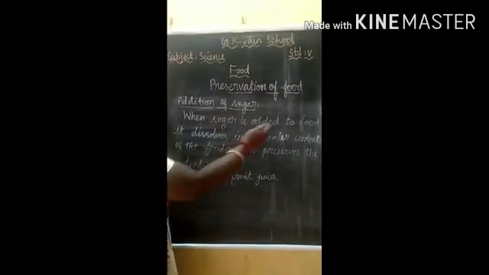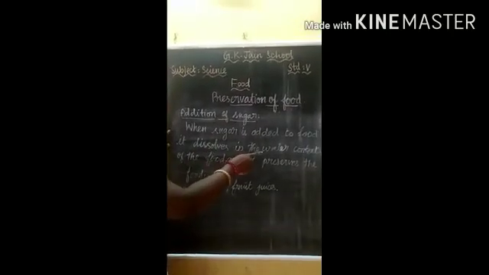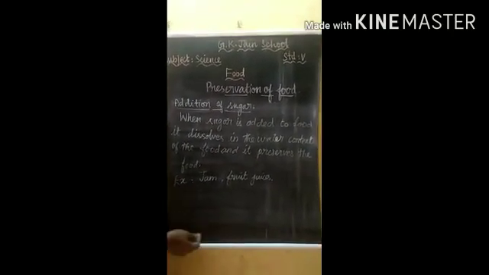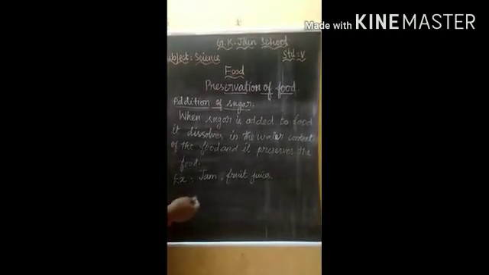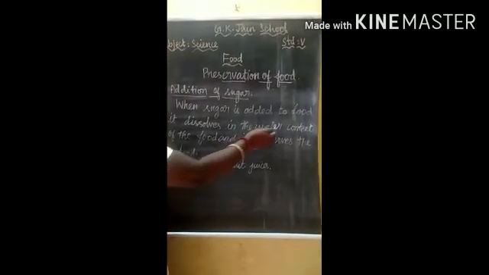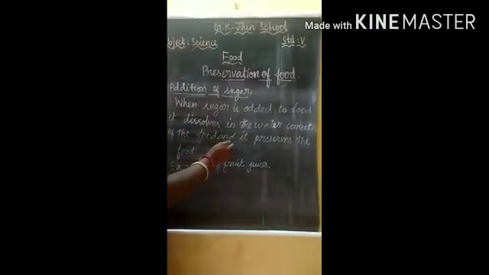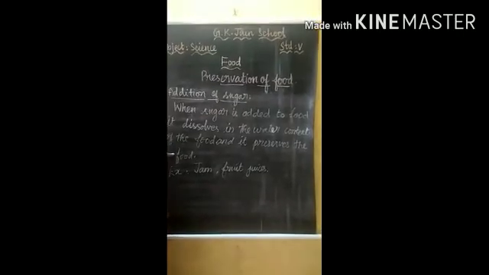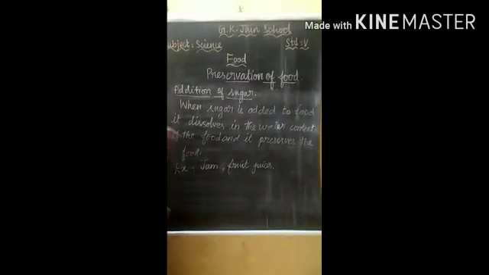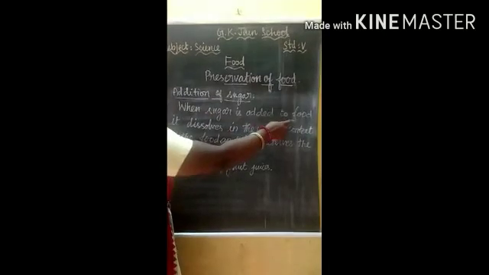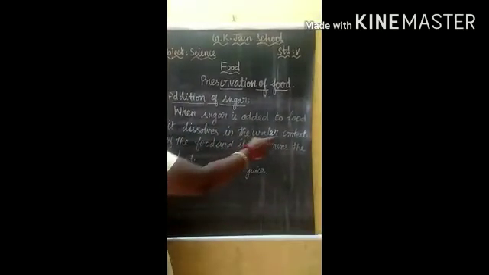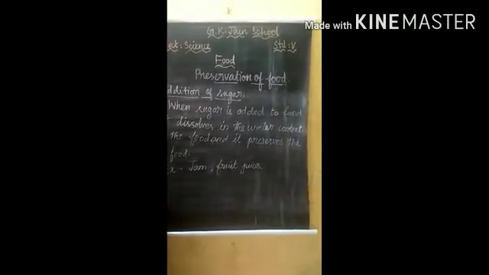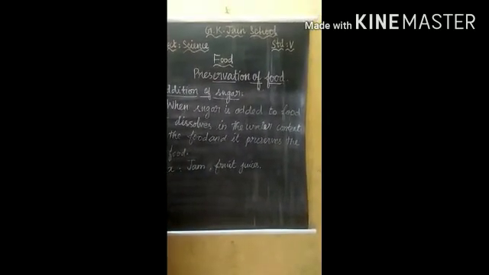When sugar is added to food, it dissolves in the water content of the food and forms a syrup, like a sugar syrup. So it preserves the food from spoiling.